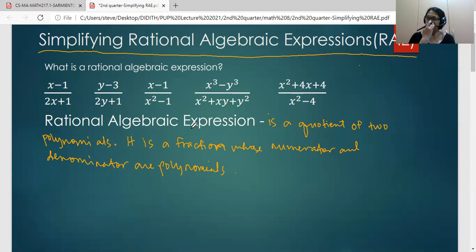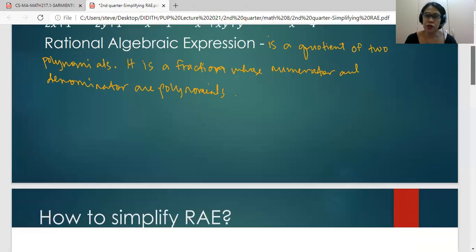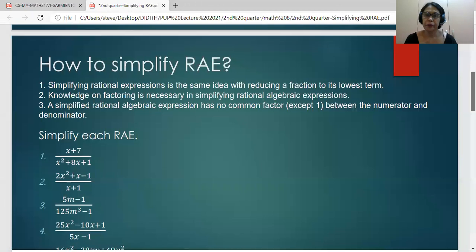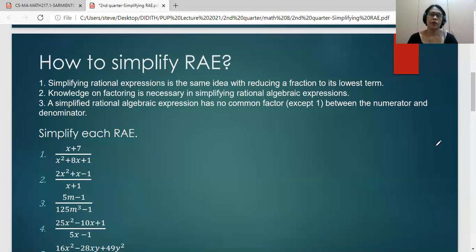Before we work on simplifying rational algebraic expressions, let us know how we simplify them. First, simplifying rational expressions is the same idea as reducing a fraction to its lowest term.